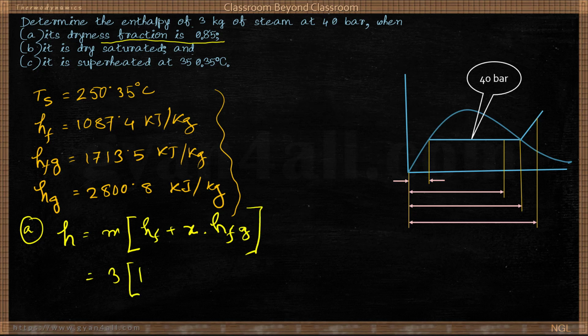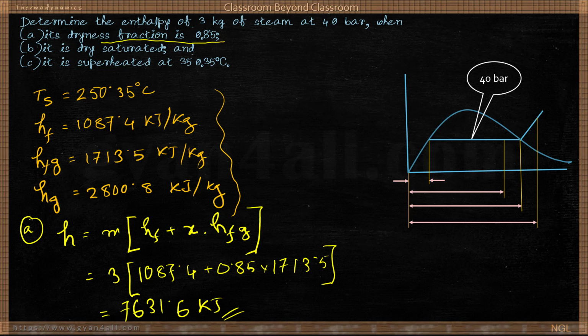HF is. So the total heat or enthalpy of wet steam is equal to 7631.6 kilojoule, because we multiply the specific enthalpy by the mass M, which is equal to 3 kg.